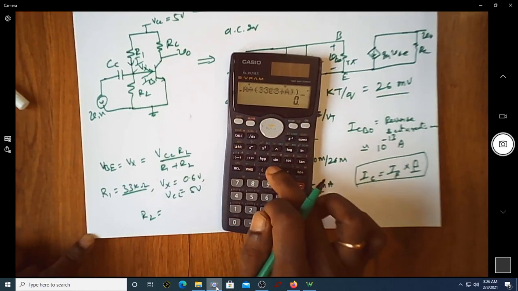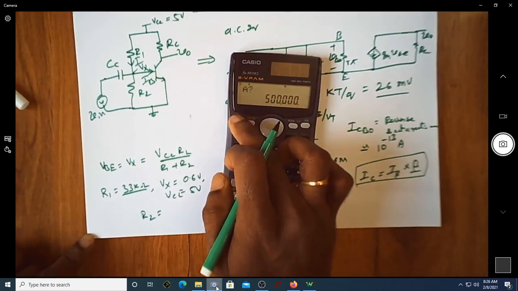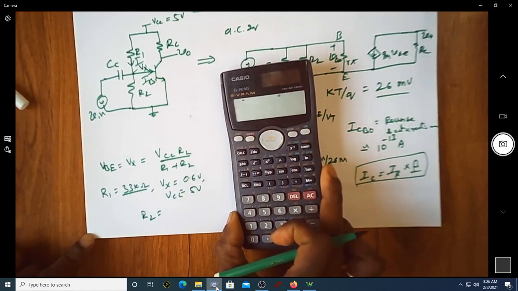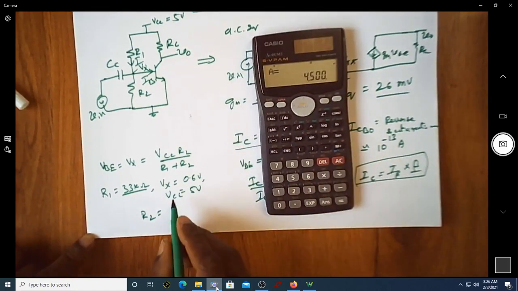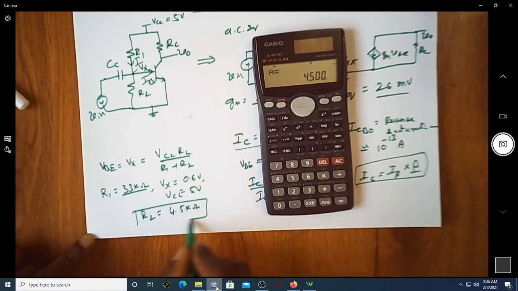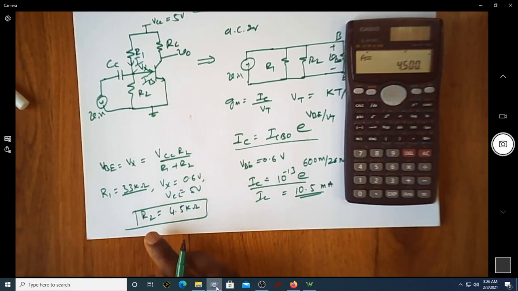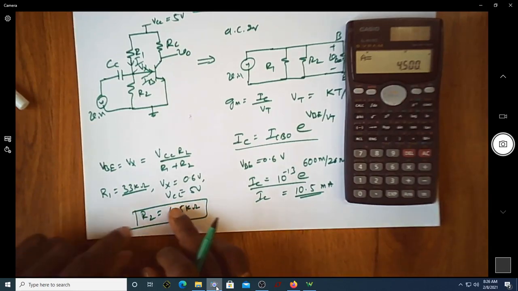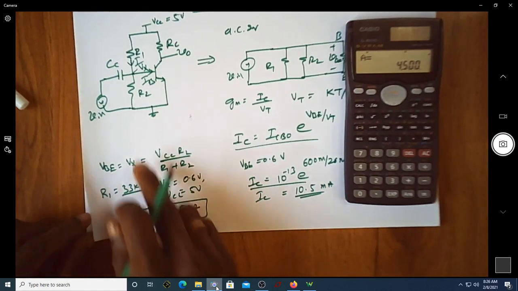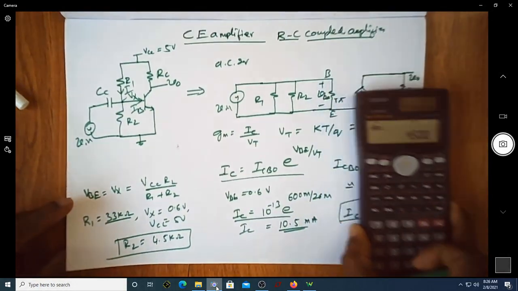I will solve for R2 now. So R2 comes out to be 4.5 kilo ohms. So if the value of R1 is 33 kilo ohms and R2 is equal to 4.5 kilo ohm, we will get a VB of close to 0.6 volt.